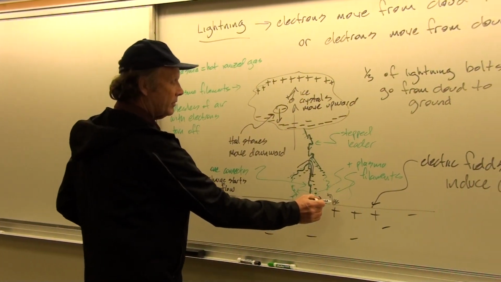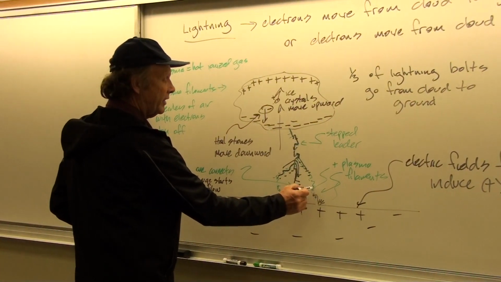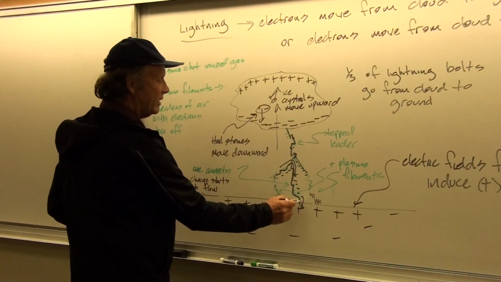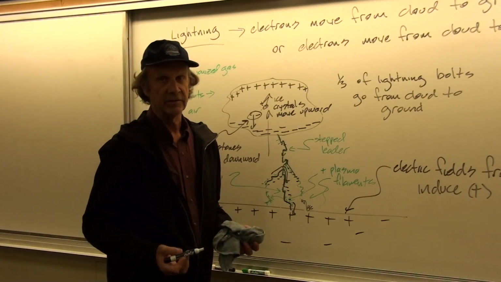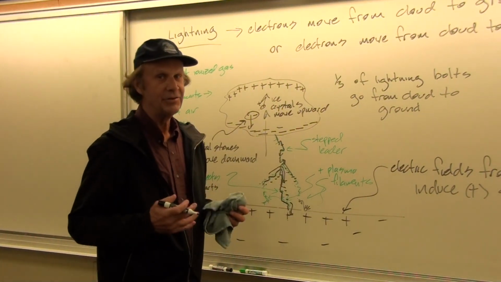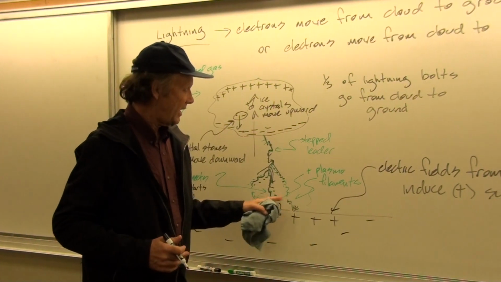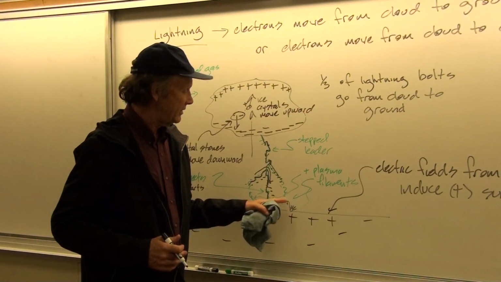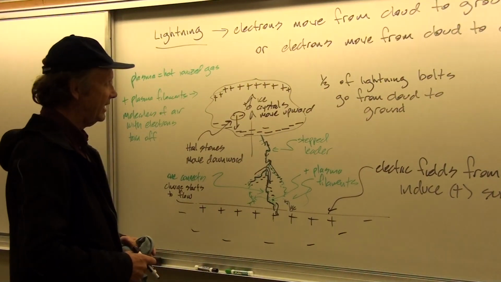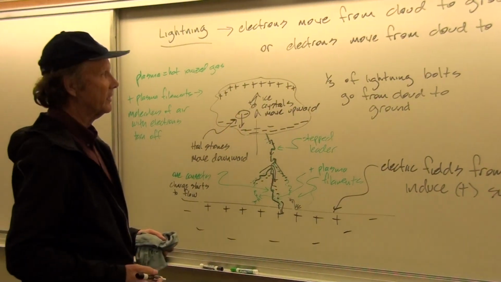Because as the weakly luminous plasma filaments reach up toward the stepped leader, one of them is going to connect first. And if that happens to be the one that you are nearby to, then your hair standing out straight like this is a good indication that you should run for cover.